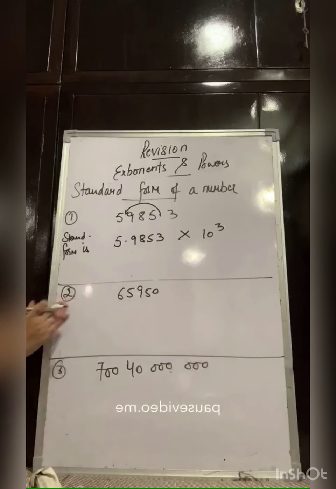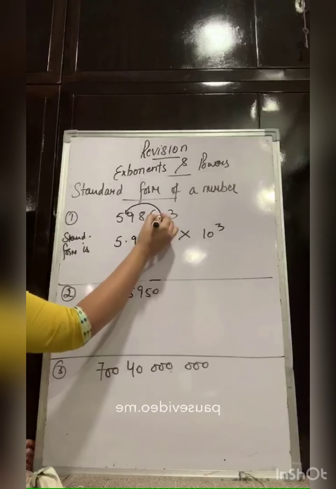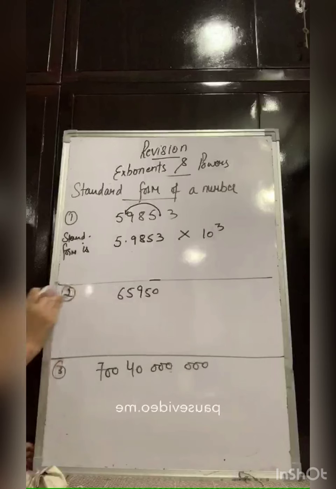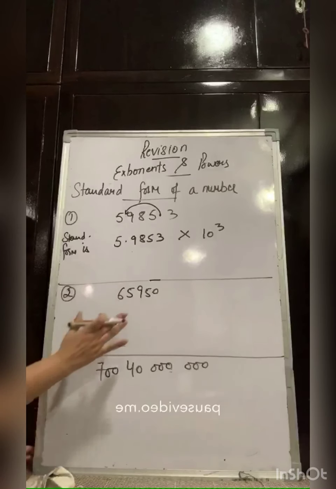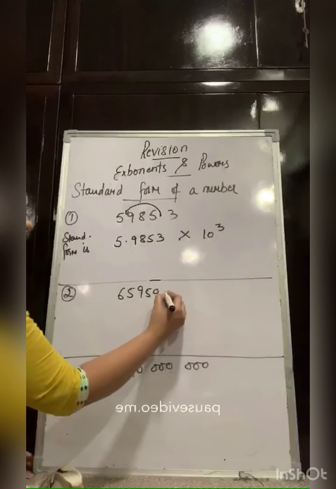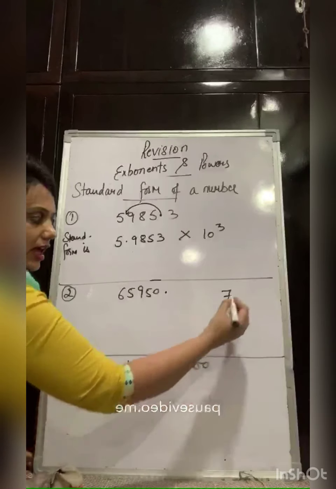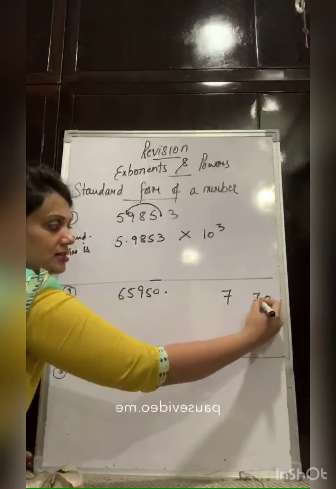Now in this second question we cannot see the decimal. As in the first question, here was the decimal. Now in this question we cannot see the decimal. So where is the decimal? The decimal is at the last. For example, if you write 7, can we write 7 as 7.0?